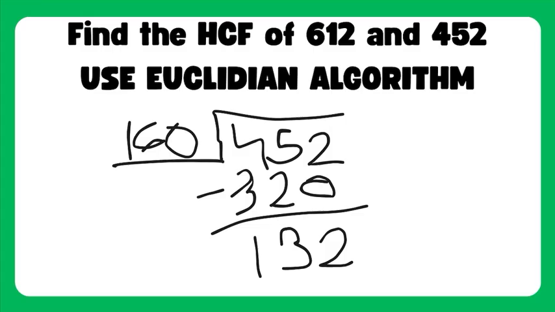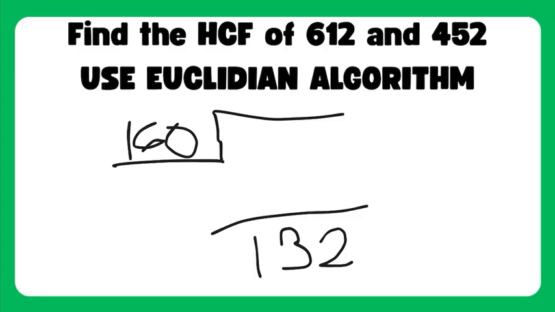Now what people do, they put the 320 over here. It's not 320. It is this over here. It's not 320 which is supposed to go here. It is always this 160. Even though 320 is a multiple of it, you do not do that. So 160 is what we put over here. So let me put 160.